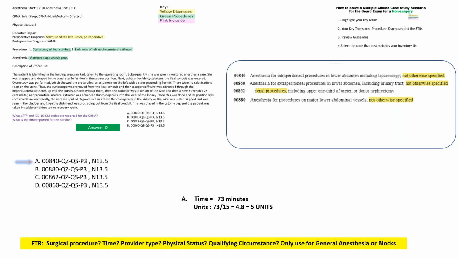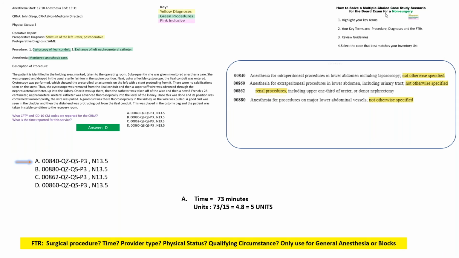So we won't be placing the units in decimal points like 4.8 or 0.6. We will just round that up, and it's 5 units in this scenario. So anesthesia unit is going to be 5. I hope the anesthesia time and anesthesia units are clear for most of you.